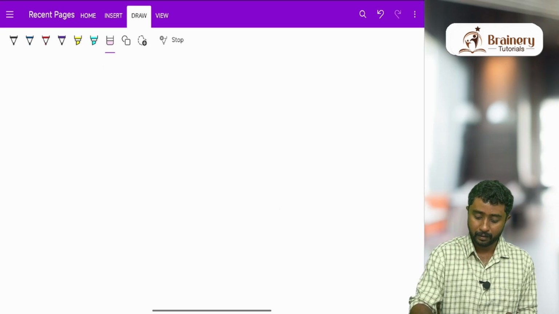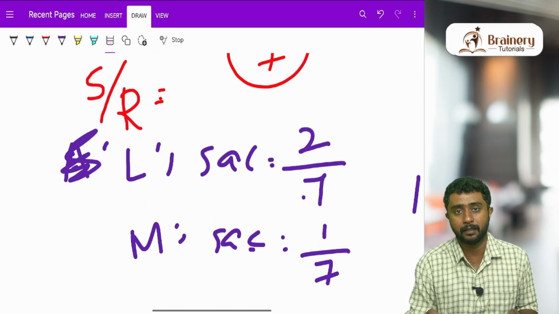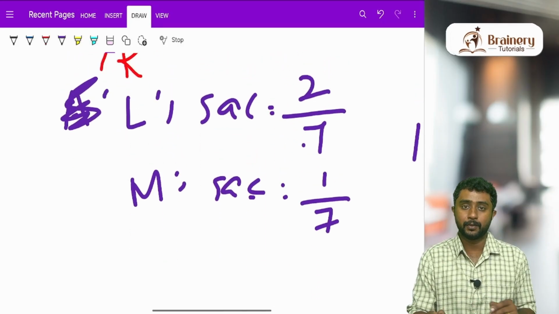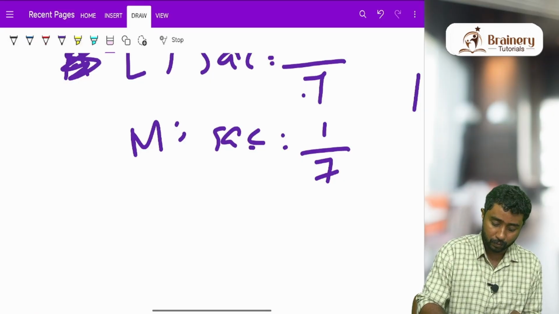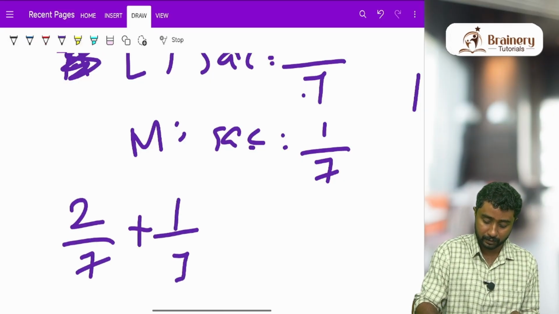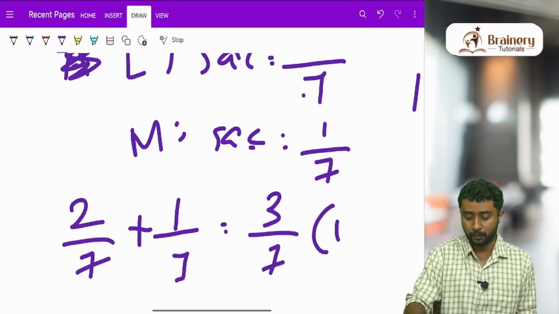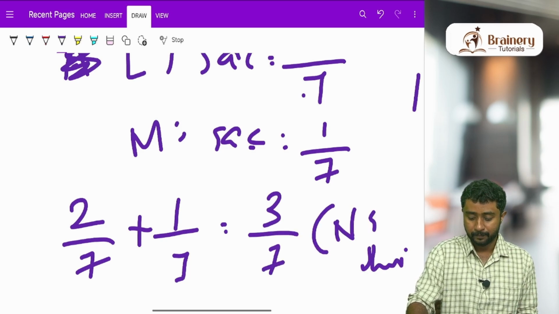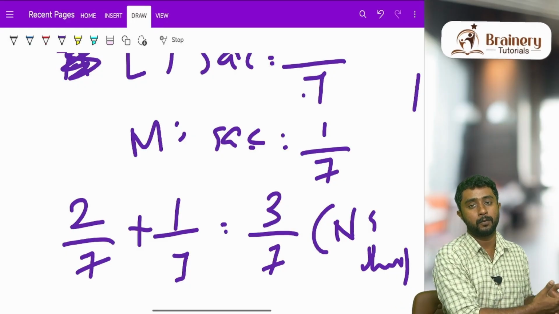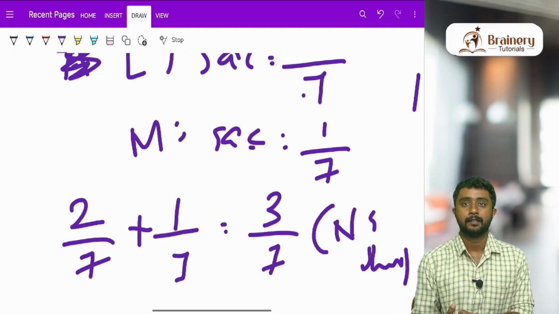So 1/7 itself is M's sacrifice. If you add these two sacrifices, how much will you get? 2/7 plus 1/7 is 3/7. Whose share is this? N's share. So the total sacrifice of 2 or more people will be equal to the gain of the other person, right?